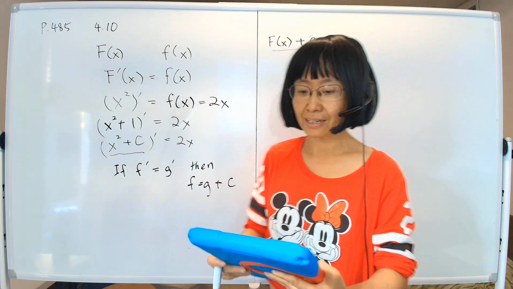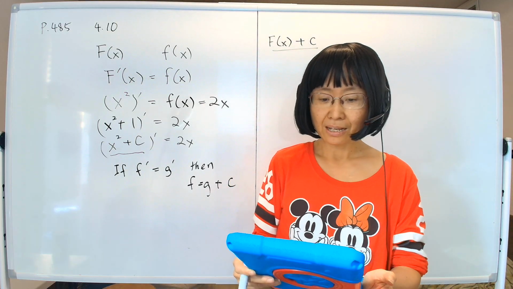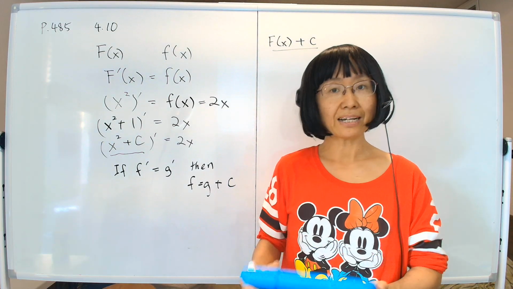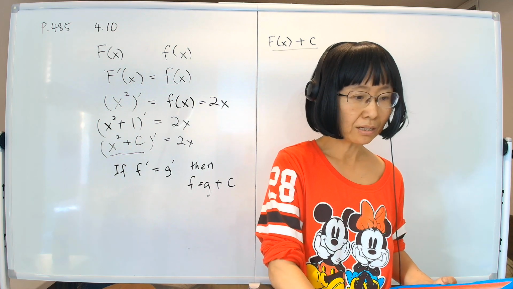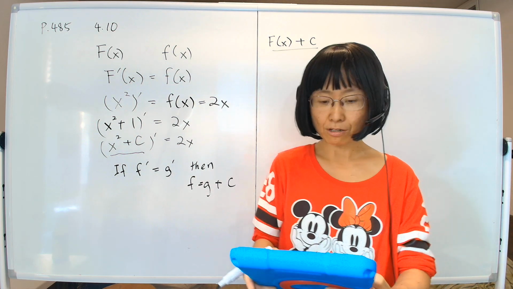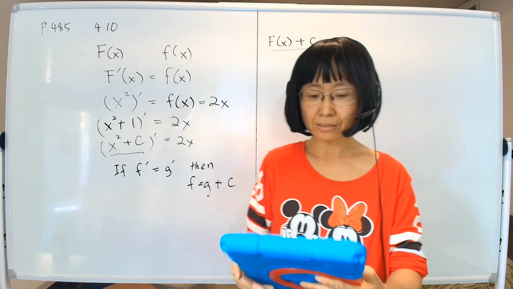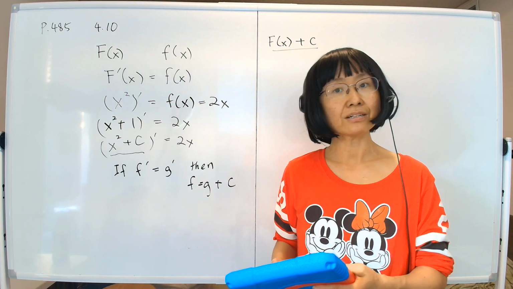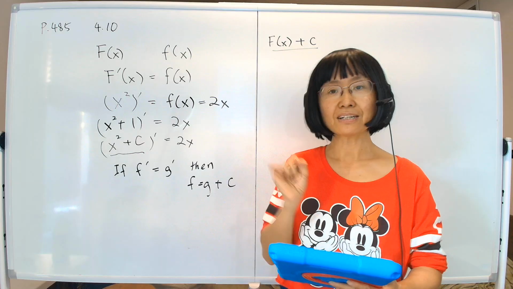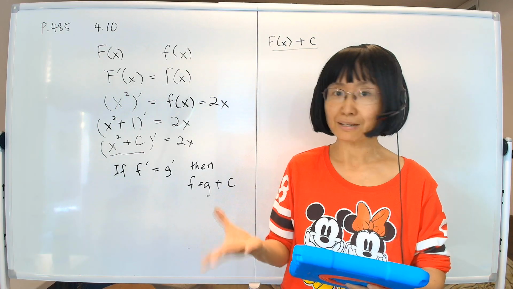Now that we've said that, let's find the antiderivative. Example 4.50, which I will ask you to do as homework. Look at it for a moment. Part A, f of x equals 3x squared. Can you think of a function whose derivative becomes 3x squared?